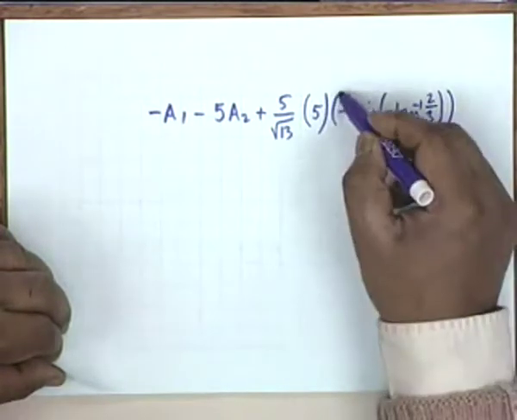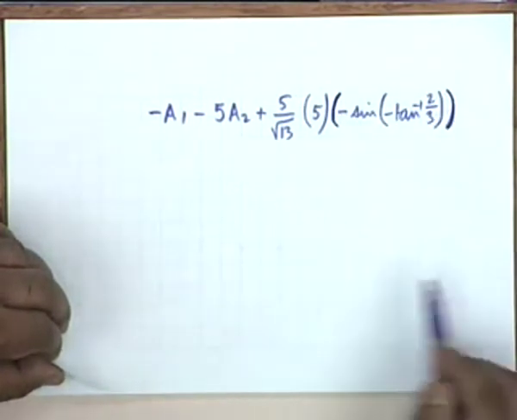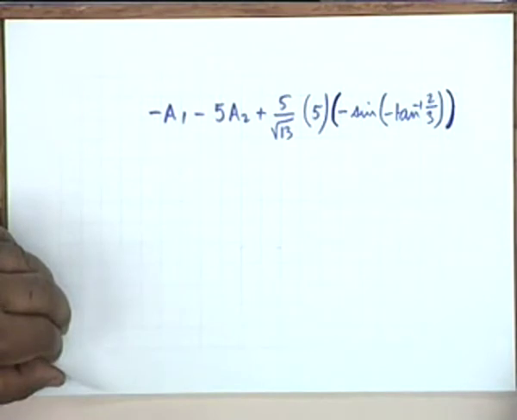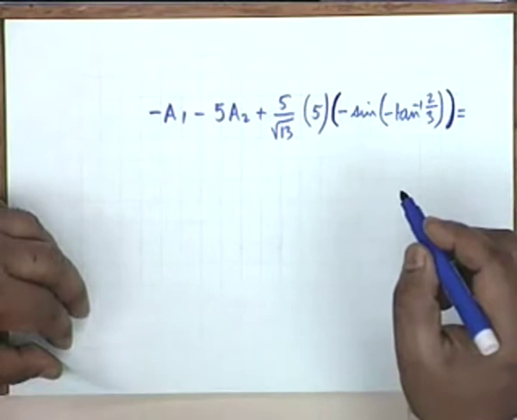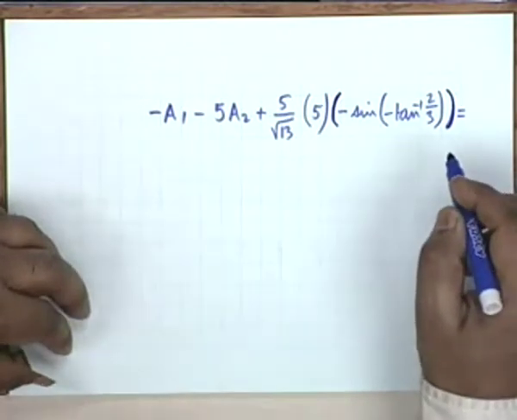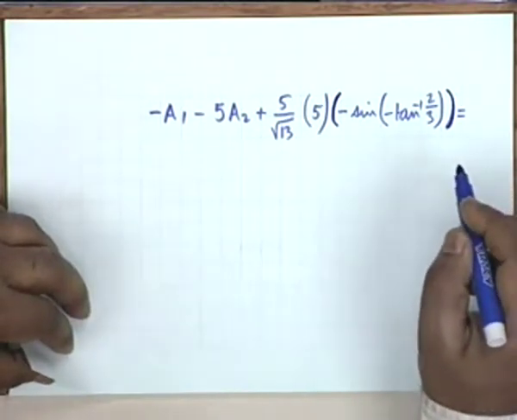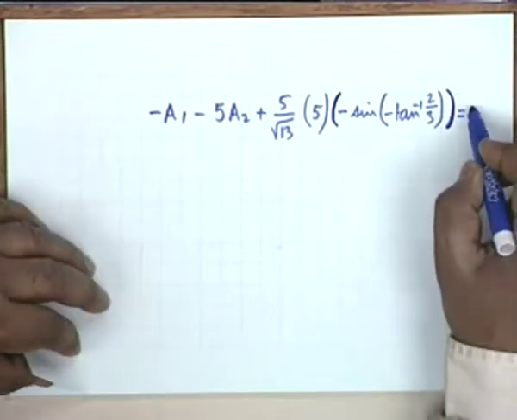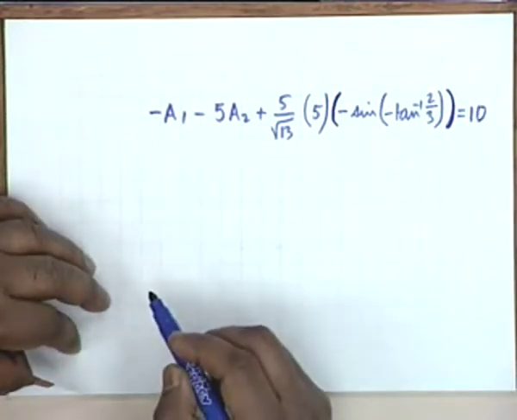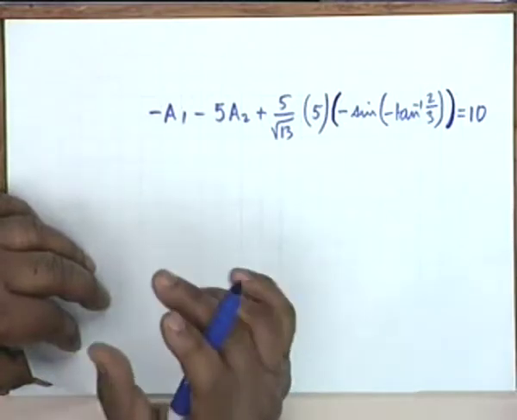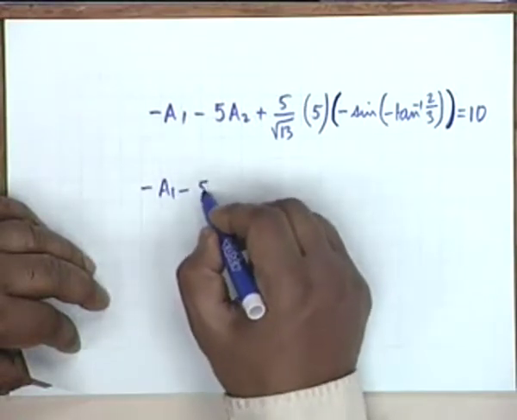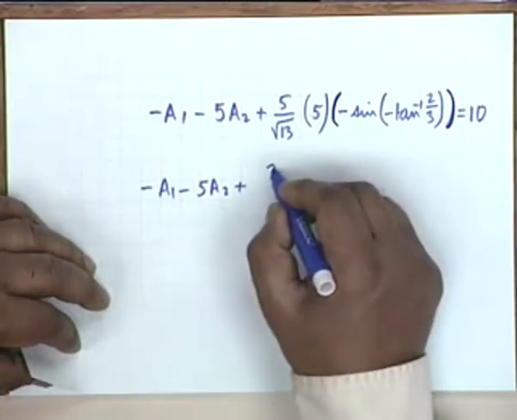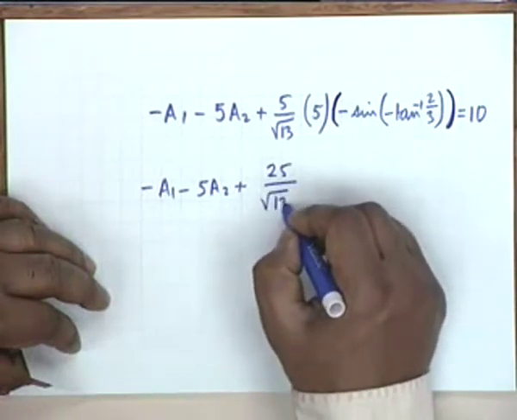I must distinguish, this is the bracket. Alright, now see how this simplifies. This should be equal to how much? 20 by L, and what was L? 2, and therefore 10. Alright, the initial conditions must be identified properly and utilized properly, and therefore what I get is minus A1 minus 5A2 plus 25 divided by square root 13.